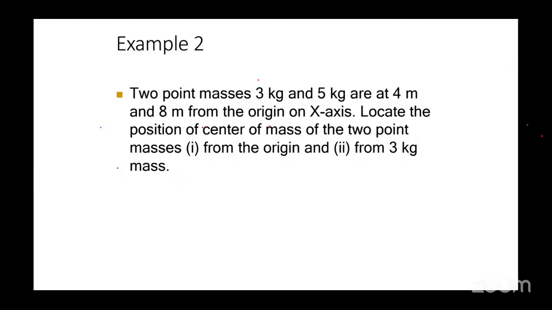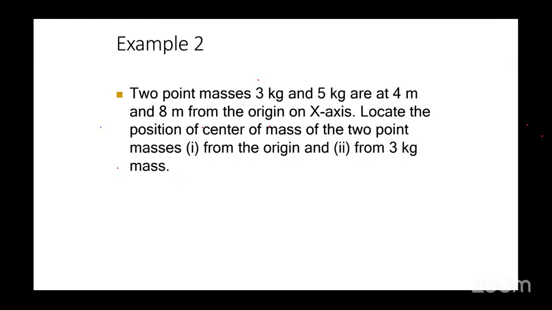Two point masses, 3 kg and 5 kg at 4 meters and 8 meters from the origin on the x-axis. Locate the position of the center of mass of the two point masses: 1, from the origin, and 2, from the 3 kg.